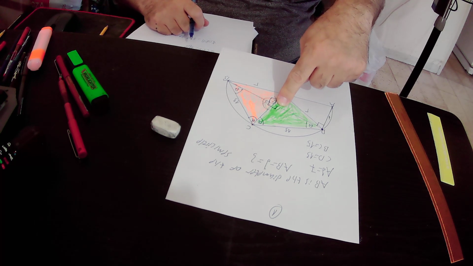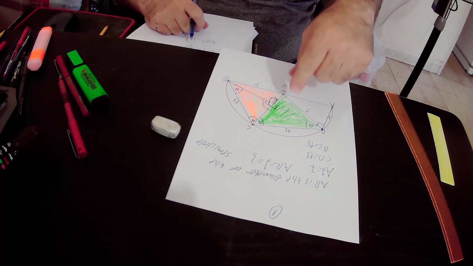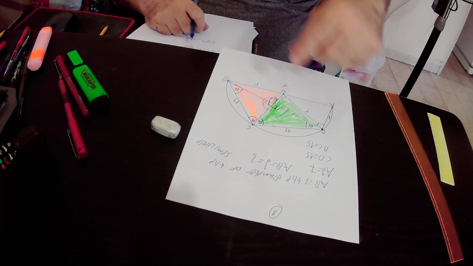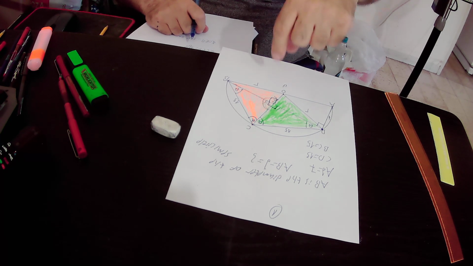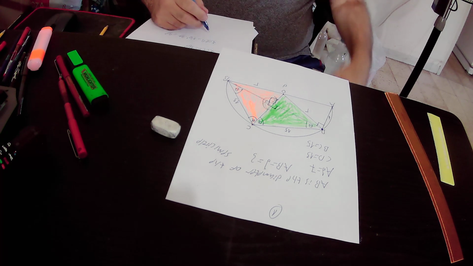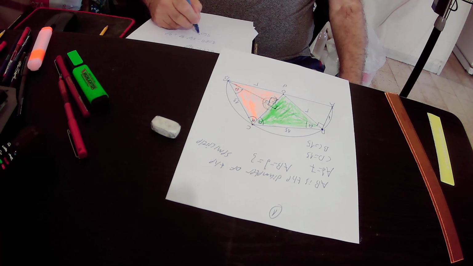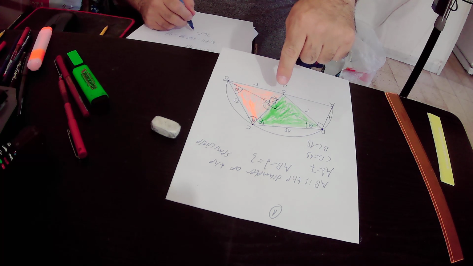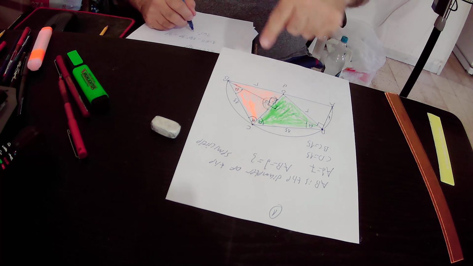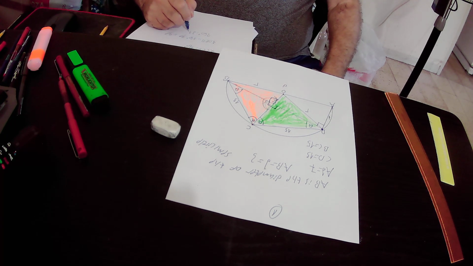It will be equal to all the angles around this point, that is 360 degrees, minus the sum of those 3 angles, that is 90 degrees times 3, which is 270 degrees.